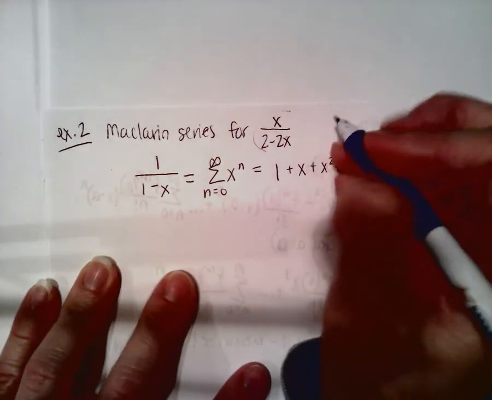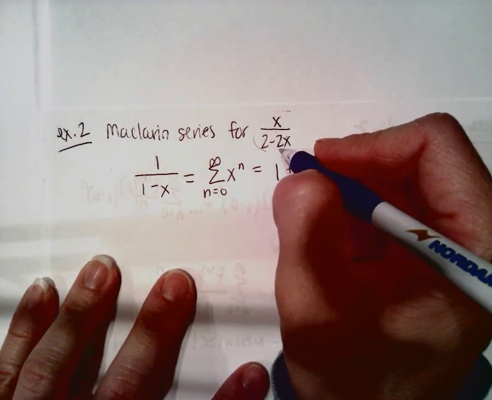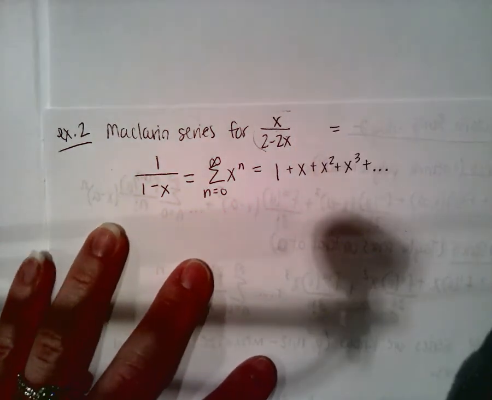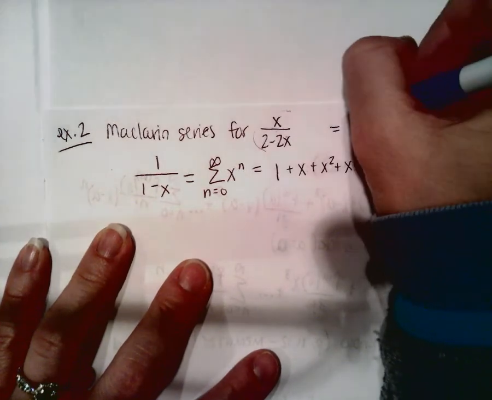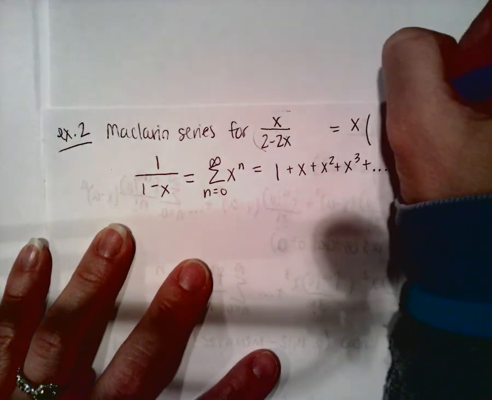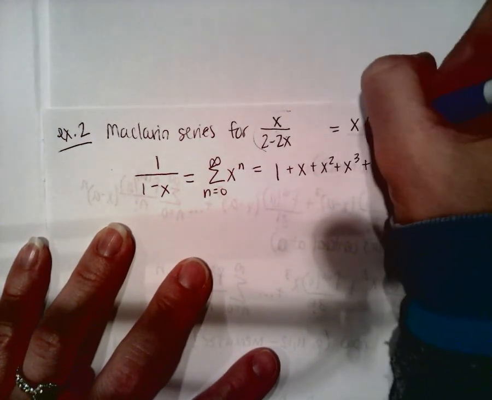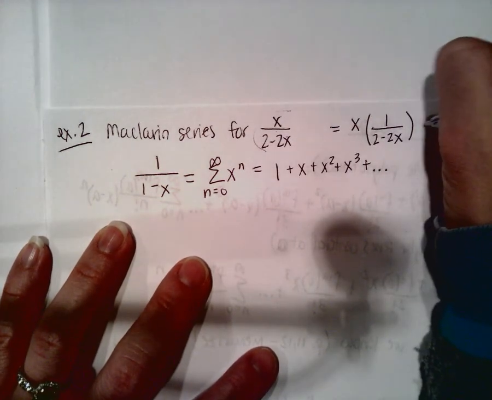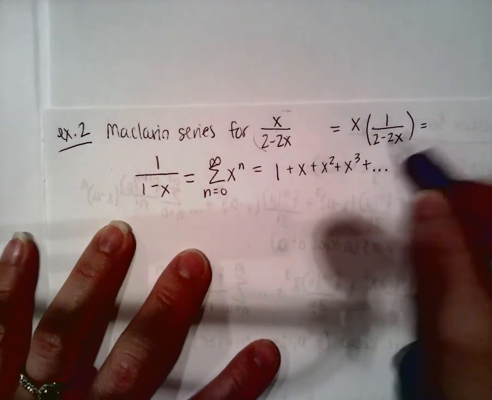So for x over 2 minus 2x, wouldn't that be equal to, let's see, if I pulled an x out from the numerator, I would have x times 1 over 2 minus 2x. And then on the bottom, I can factor out a 2.